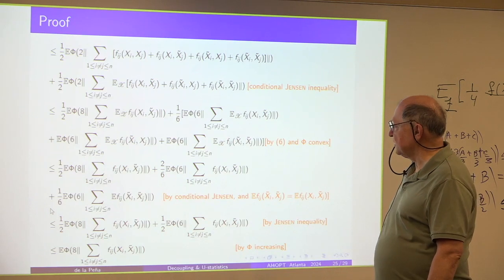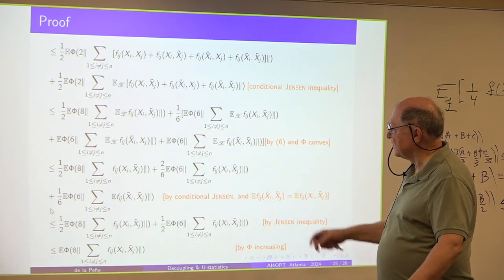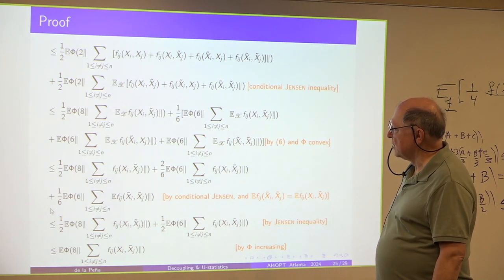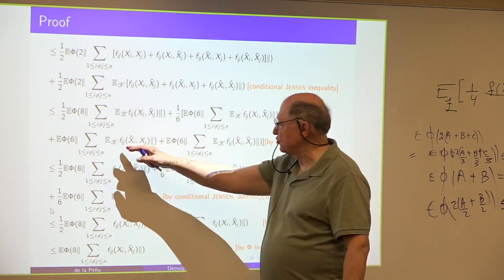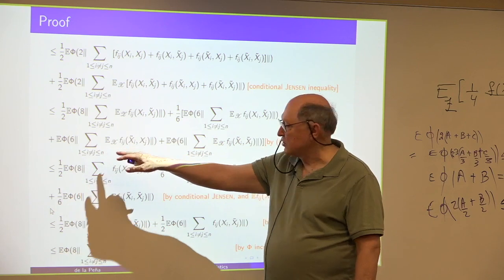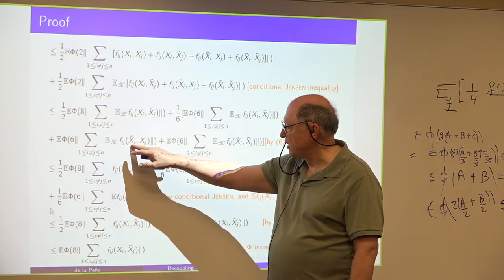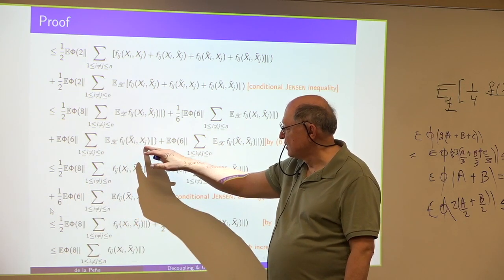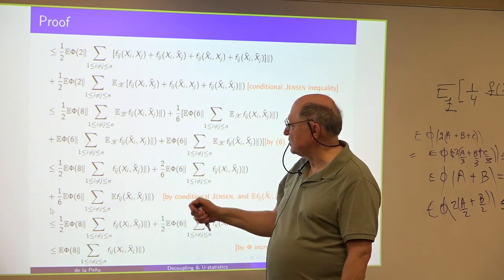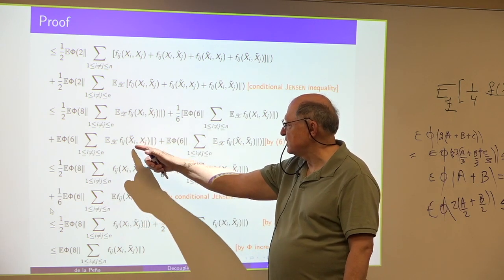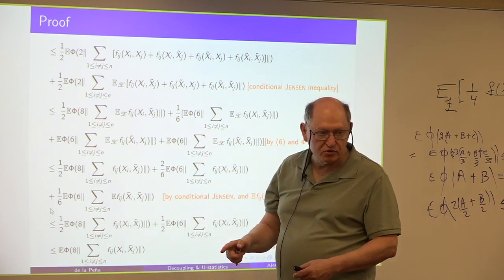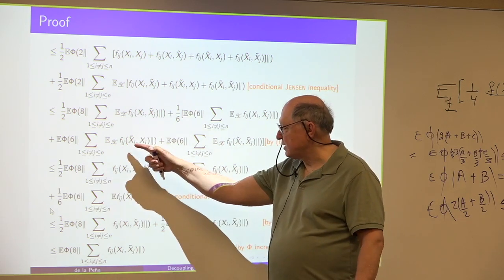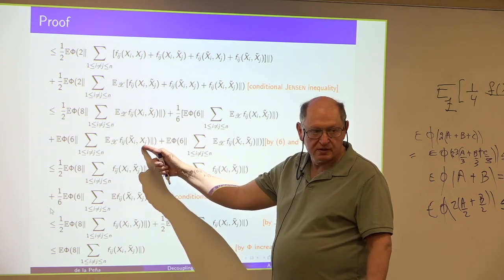Okay, so the trickiest part, okay, not yet, I won't tell you that yet, but then for this one you use conditional Jensen's inequality, and you have Fij, f of xi tilde xj, which can be thought of as, since the variables xi and xi tilde have the same distribution, you can replace this by f of xi xj tilde.